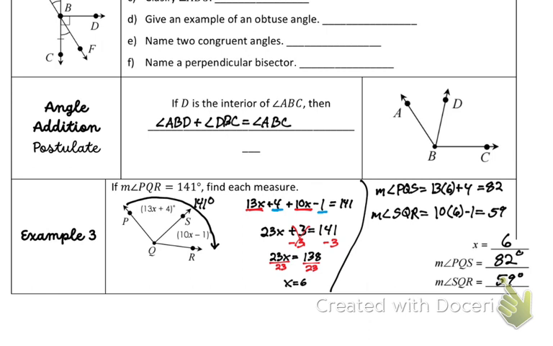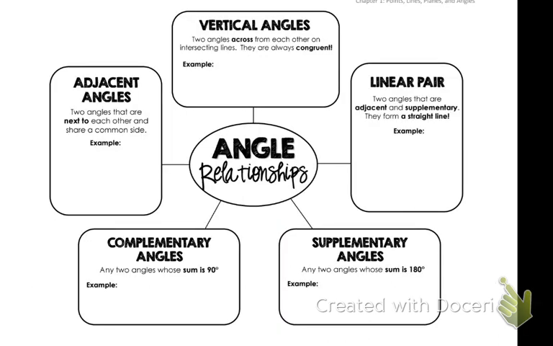All right, the very last thing we need to do is talk about some terminology. These are the five big words that deal with angles. That is vertical, linear pair, supplementary, complementary, and adjacent angles. Let's start with the easy one, adjacent. Adjacent are just two angles that are pasted together.